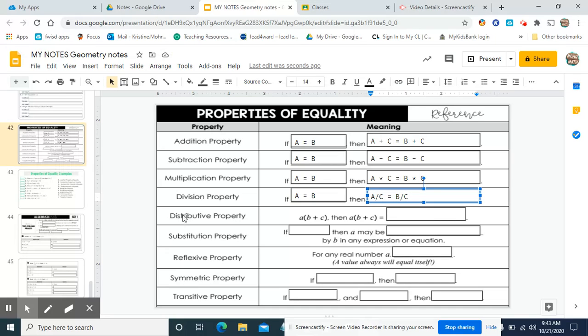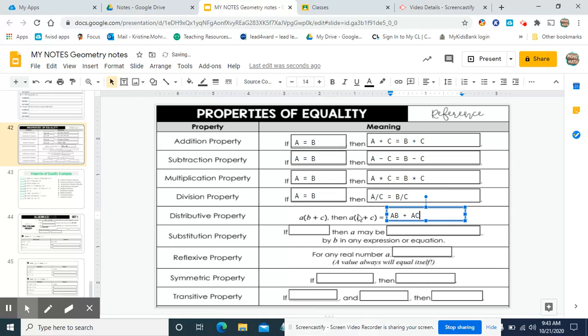Distributive property. I know those of you who had me, we did this a lot last year. I'm pretty confident we've looked at it this year, I just really can't remember. So this is saying A parentheses B plus C. A times B plus C is the same thing as A times B, which is AB, plus A times C, which is AC.